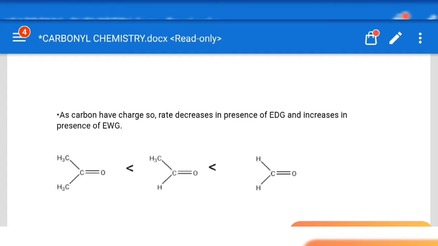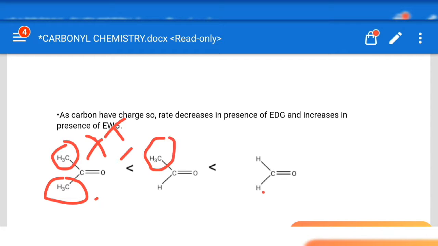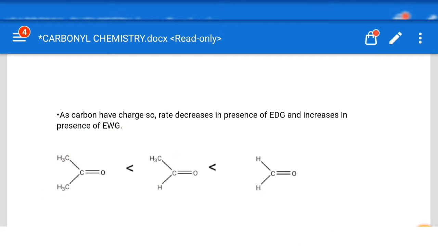So when an electron donating group is present on the carbon atom, the reaction rate will decrease. Here two CH3 groups are attached to the carbonyl carbon. As CH3 has a plus I effect, the rate will be lowest. When one CH3 group and one hydrogen are attached to the carbon, the rate will be higher than that compound.